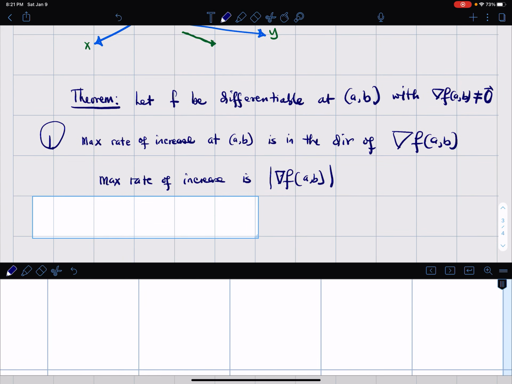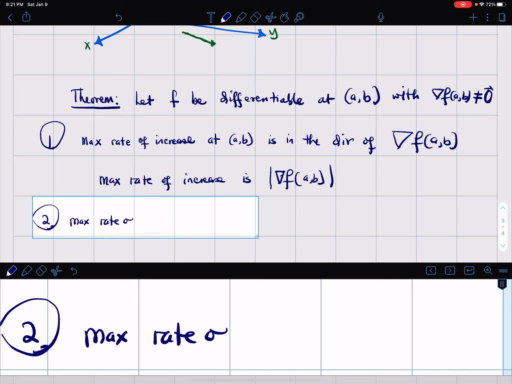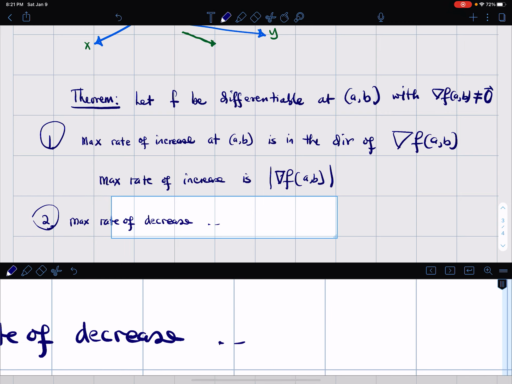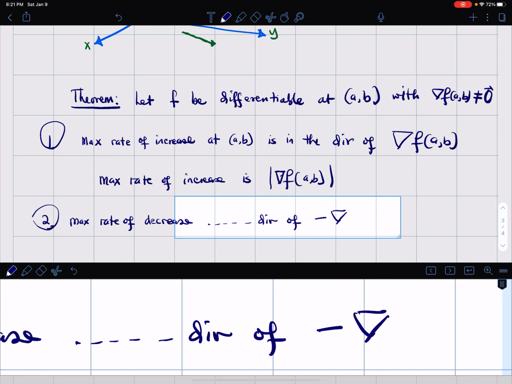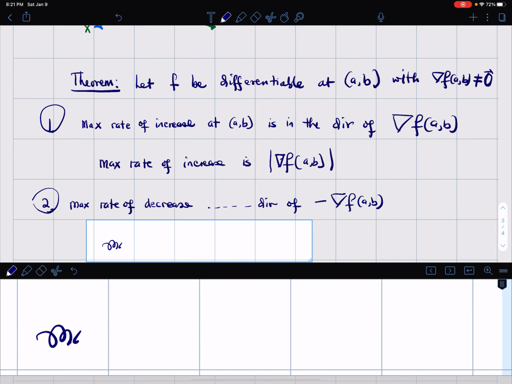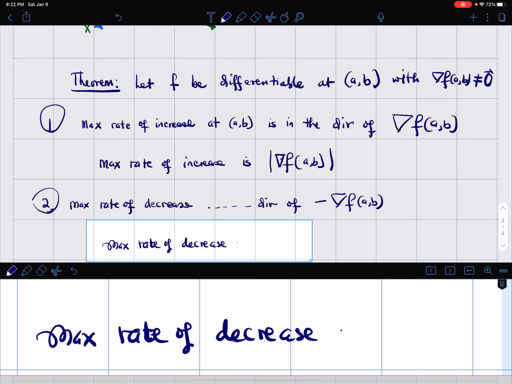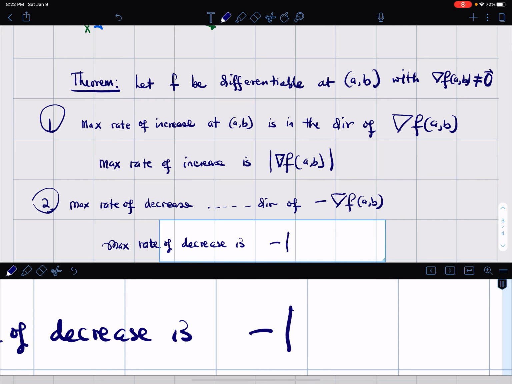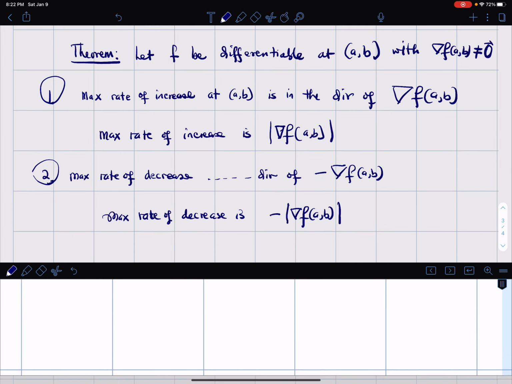And if that is the case, that means that the maximum rate of decrease is in the direction of negative the gradient. And the maximum rate of decrease is negative the magnitude of the gradient.